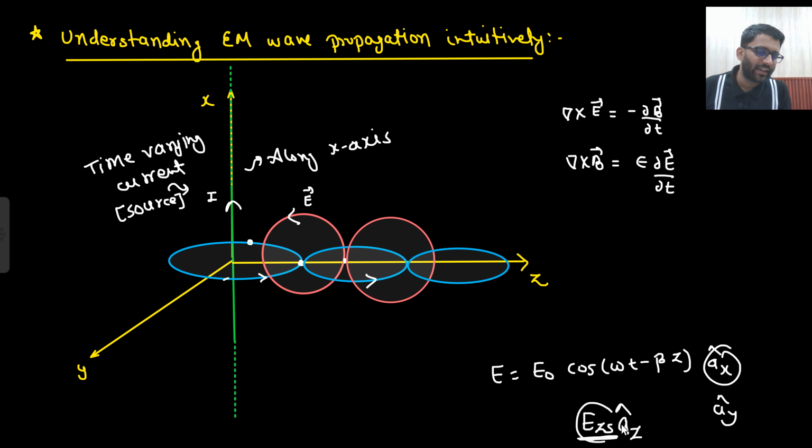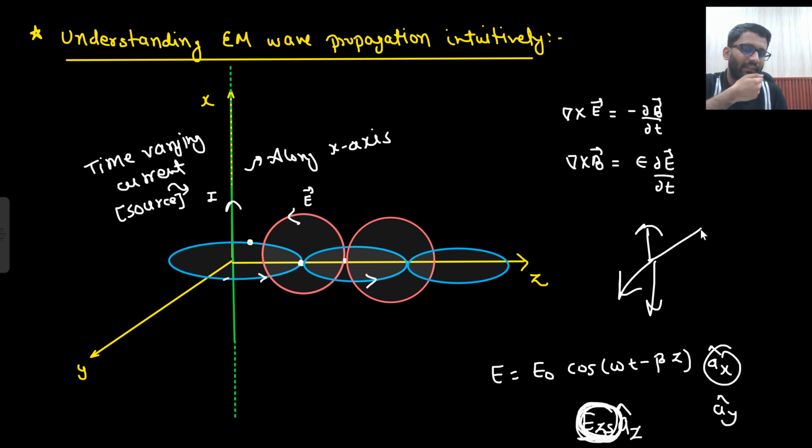If I have written Ezs here, then this Ezs will be 0. Is that clear to you or not? If I am assuming that my wave is traveling in z direction, that means there will be no component of electric field in the z direction. Like this can be my electric field, this can be my electric field, this, this, but my electric field component can never be here. Is that clear to you?